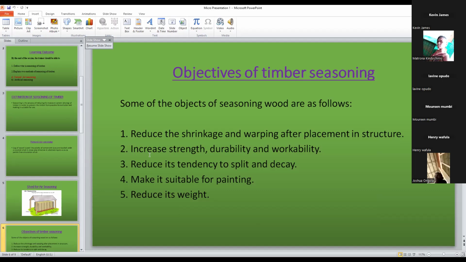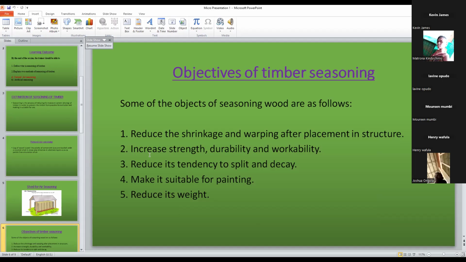We start with reducing the shrinkage and warping after placement in structure. Wood tends to shrink and warp due to changes in atmosphere after it has been placed in a structure. I believe all of you have traveled and you have experienced this. After an engineer has done roofing, you find that the roofing structure has some curves on it. That means the timber was not well seasoned.